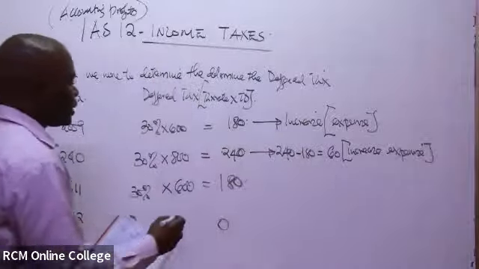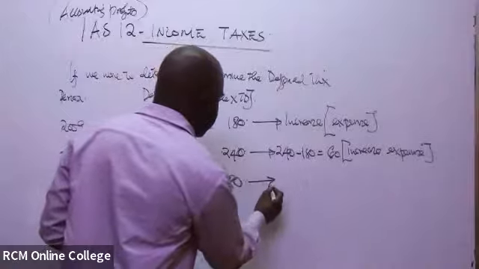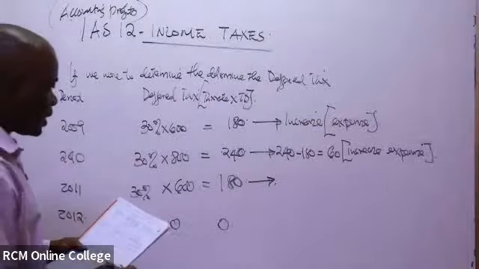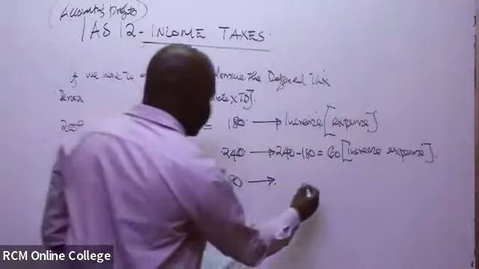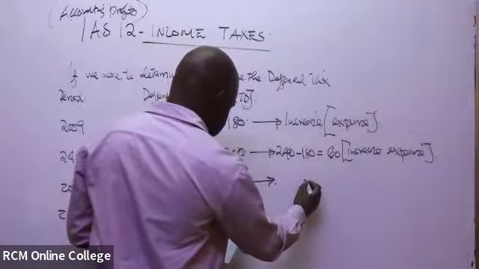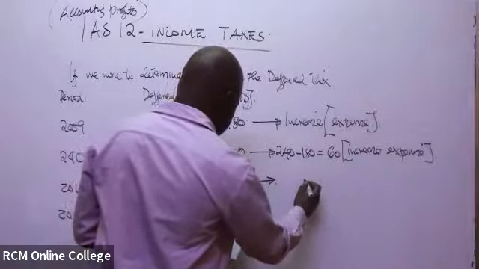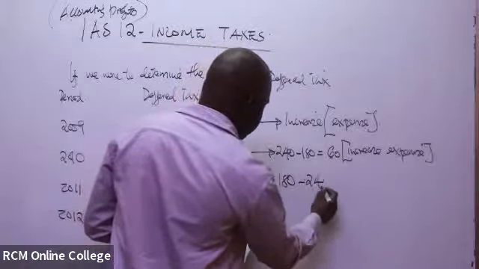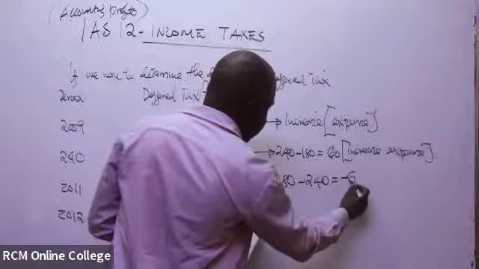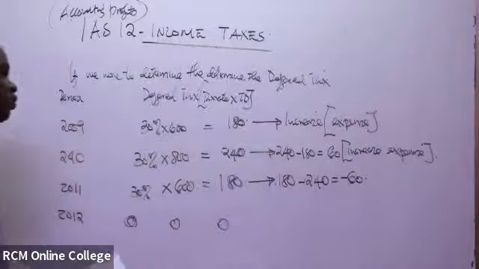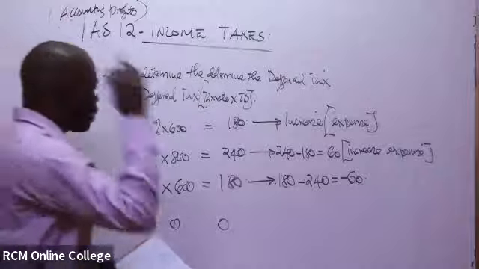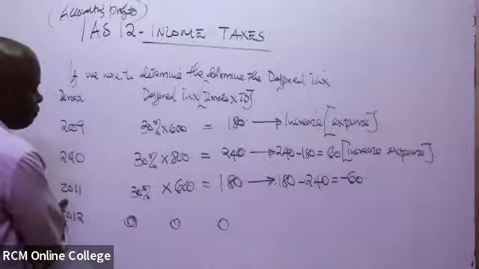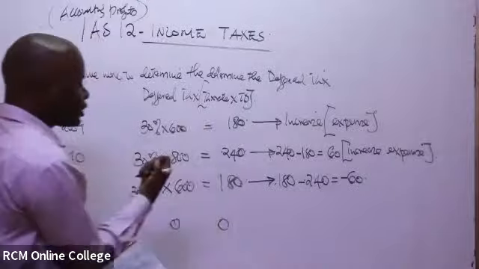But now you can see the opposite is happening here. By the end of the year 2011, you had 180. But at the start of the year, you had 240. So it brings you a negative of 60. By the start of the year, you are having 240. But by the end of this year, 2011, the deferred tax liability had reduced.